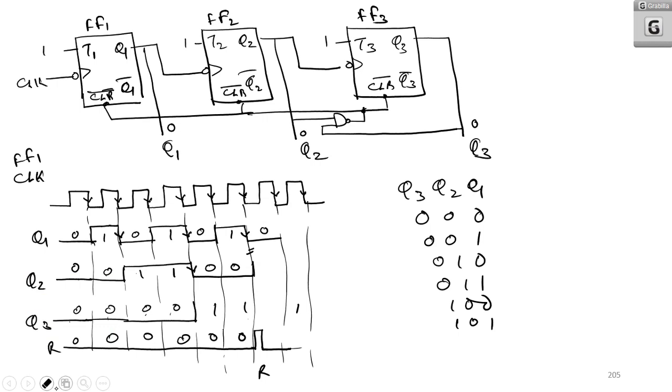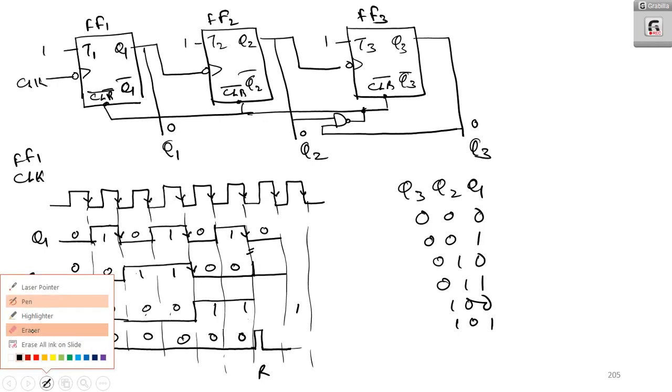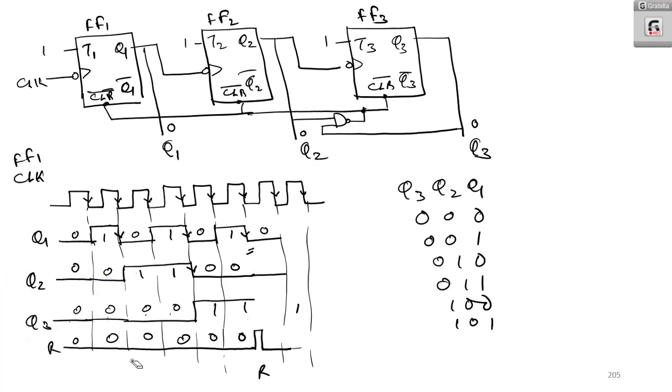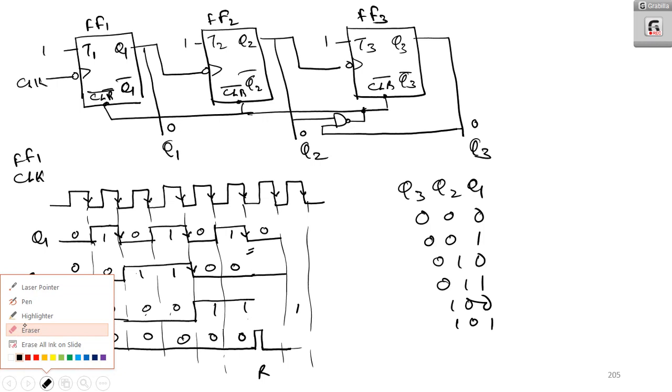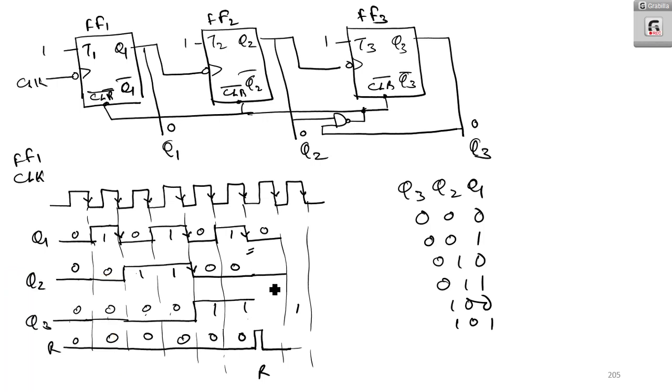So at this point, Q1, Q2, as well as Q3 become 0. That is how reset is happening.